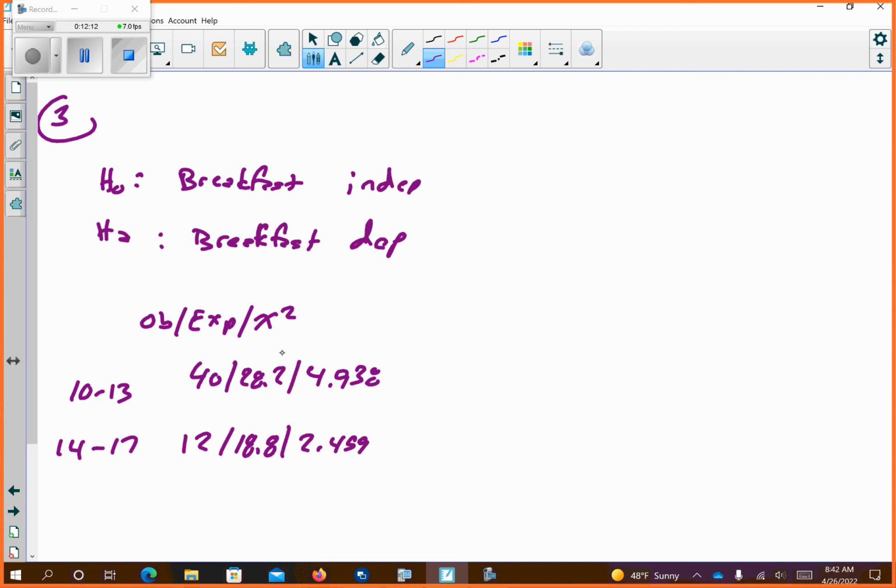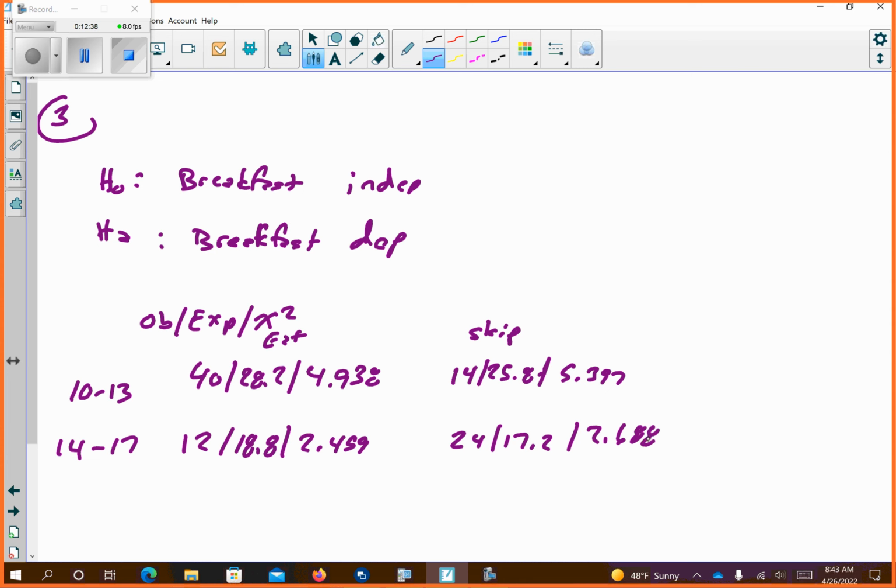These are the people who eat and who skip. Our observed is 14, 25.8, 5.397. And then we have 24, 17.2, and 2.688.